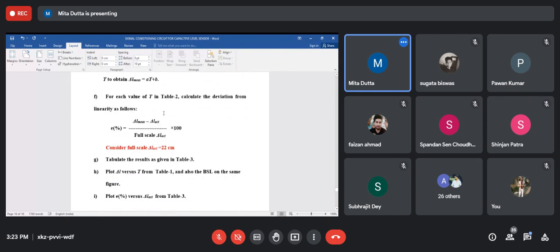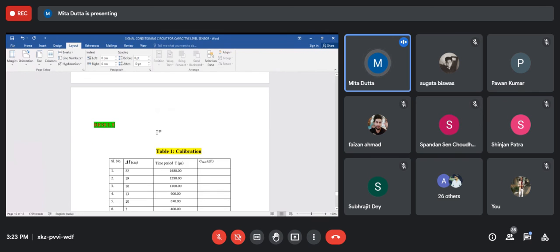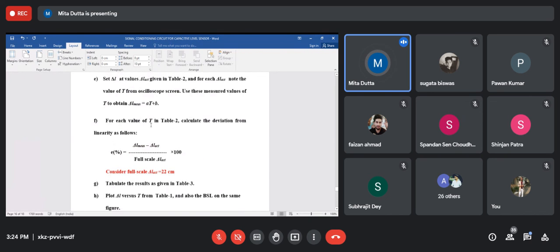And then in table 3, we are going to tabulate the results, del L actual and del L measured, and we have to find out the percentage error, which is given by del L measured minus del L actual, divided by the full scale value.